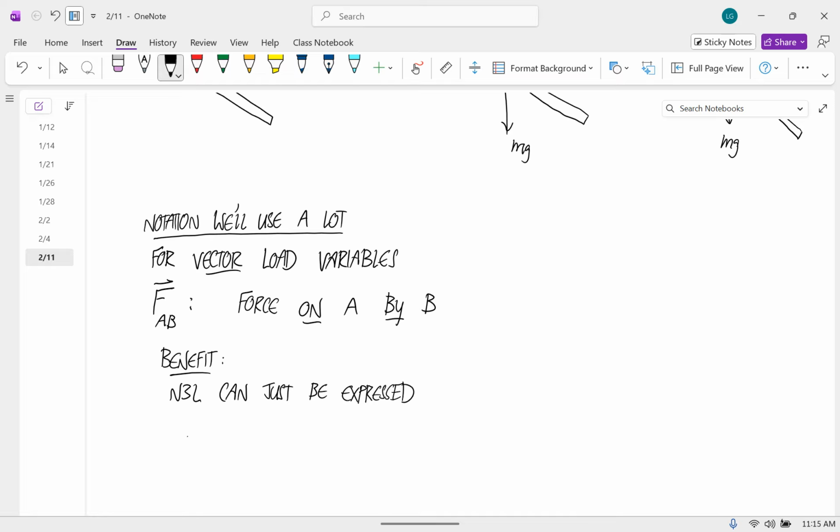And that is that FAB is just equal to negative FBA. And it's a really easy way to put Newton's third law into equations. You just make that substitution and, we'll see all that.